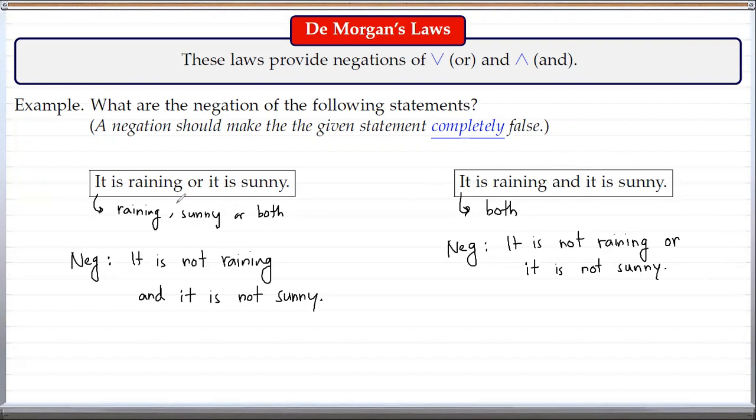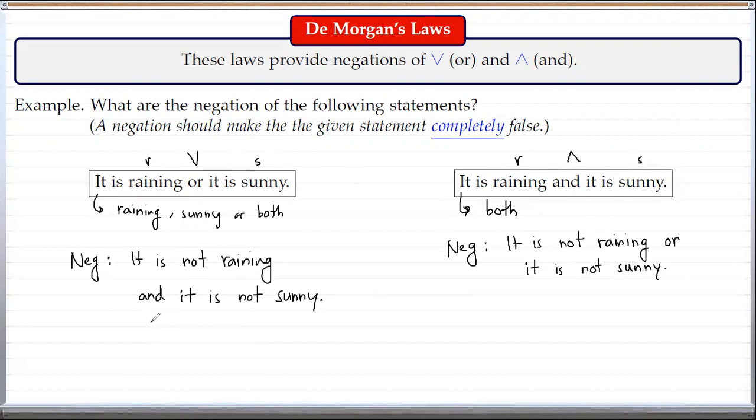So if we write this in symbolic form, let's denote raining by R and sunny by S. The same thing here, R and S. So here we are given R or S in the symbolic form. Here we are given R and S. And let's see what we got for the negation.